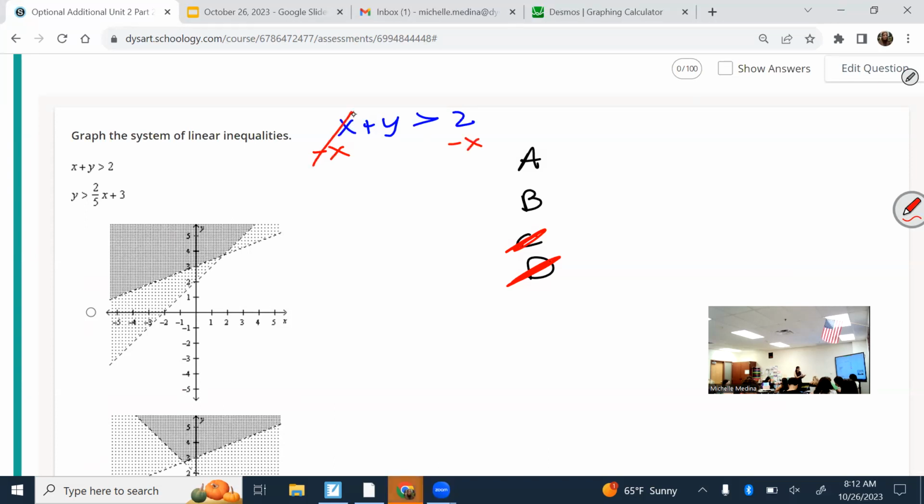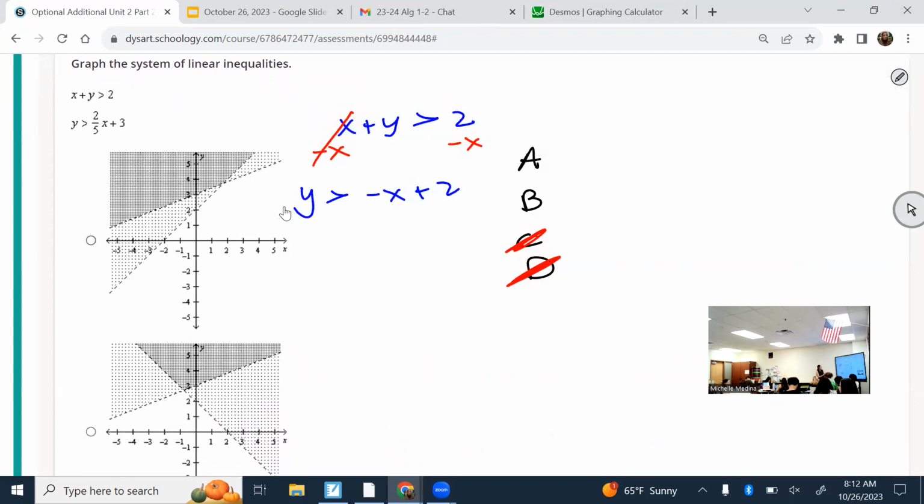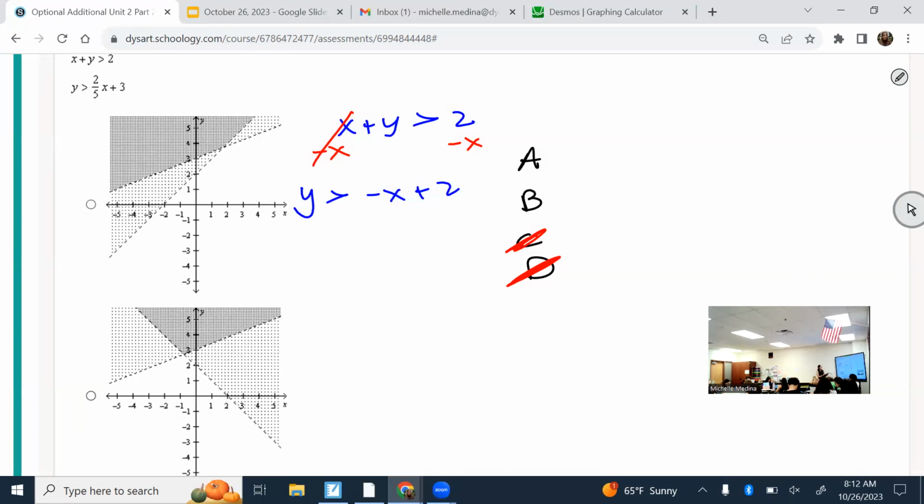So then I get y greater than negative x plus 2, because they're not like terms, and also I want the x term to be first so that it looks more like slope-intercept form. So based on that, only one of the two lines that go through 2 for the y-intercept have a negative slope. So which one's my answer, A or B?